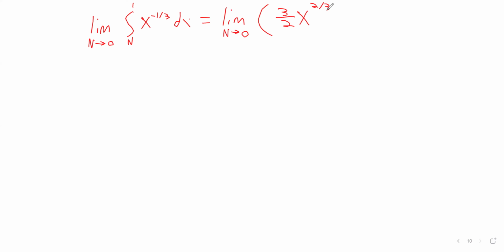The negative 1/3 bumps up to 2/3. We divide by that.